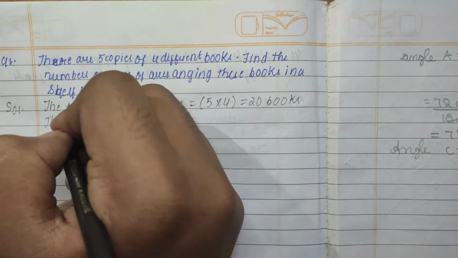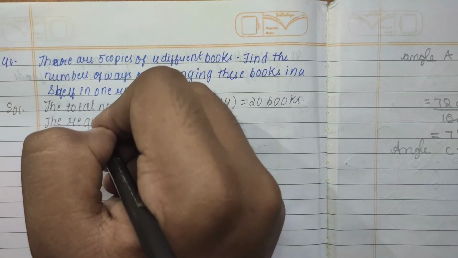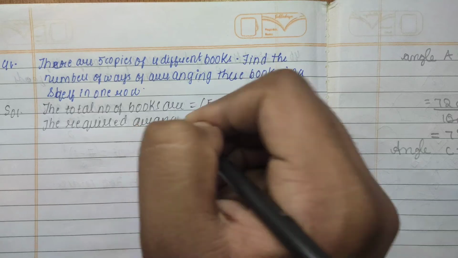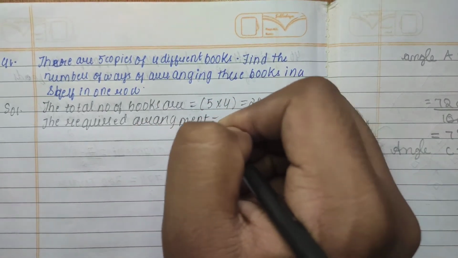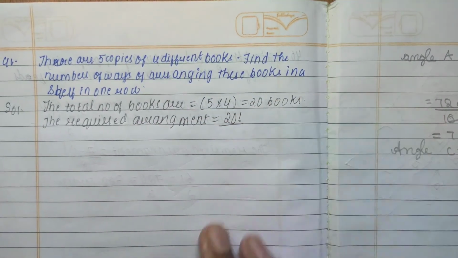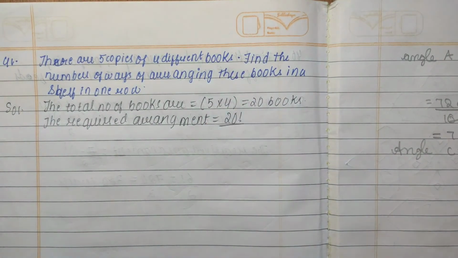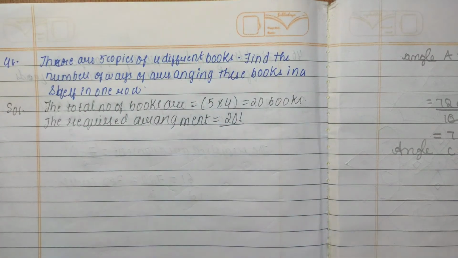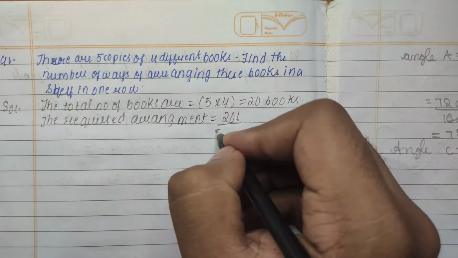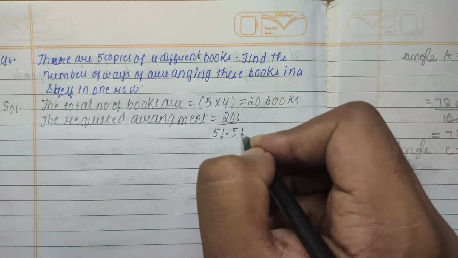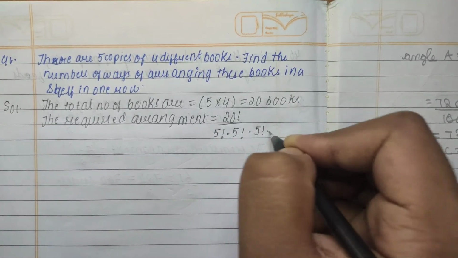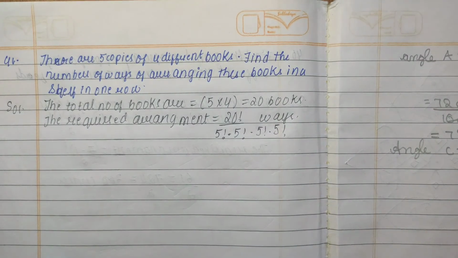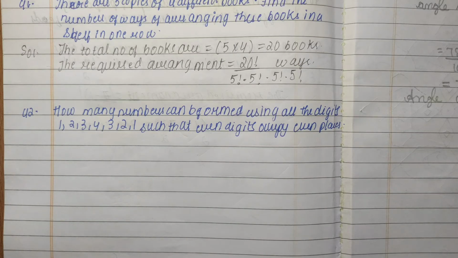So the required arrangement is 20 factorial by, you are having 4 different books with each of 5 copies, that is 5 factorial by 5 factorial by 5 factorial into 5 factorial ways. That's it. I hope you have understood the previous problem.